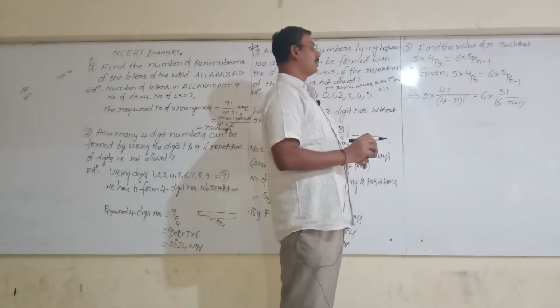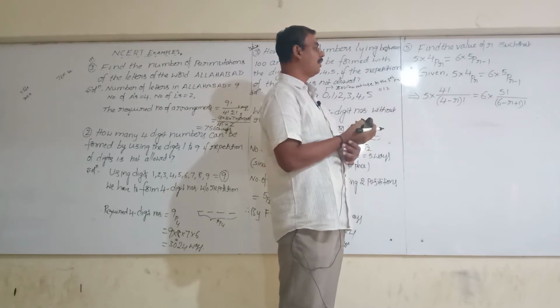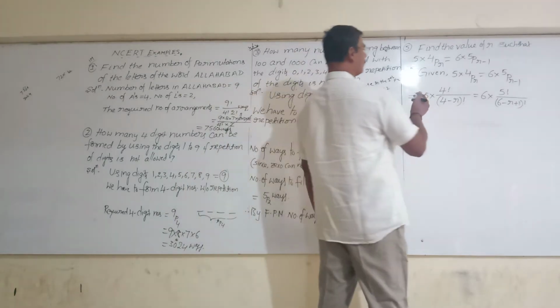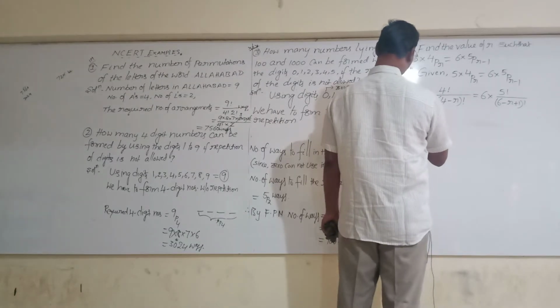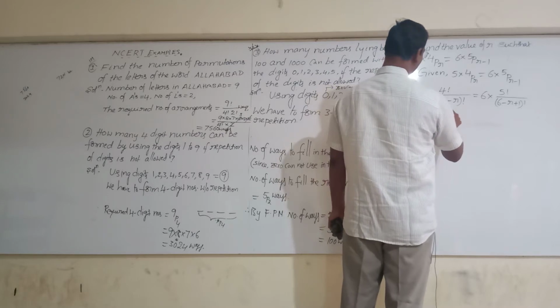So using the formula we get n factorial upon n minus r factorial. Simplify this answer: 5 into 4 factorial divided by 4 minus r factorial.